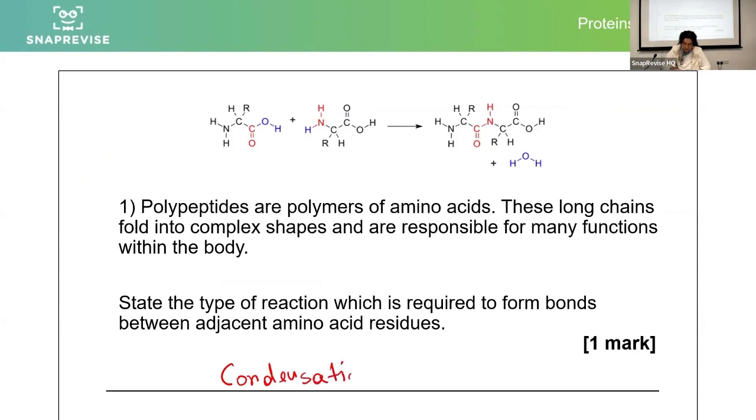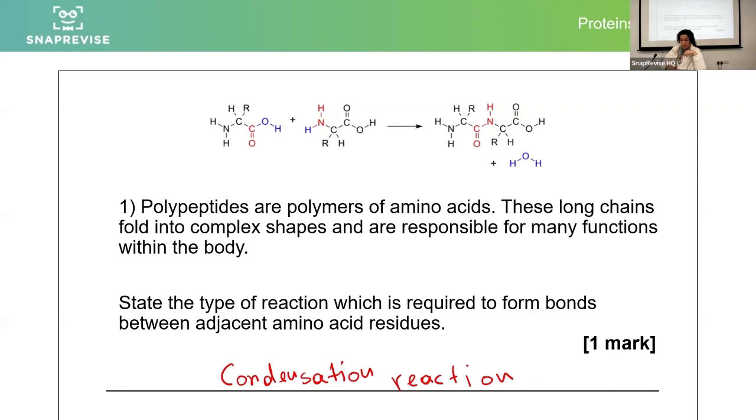I'm just going to mention one thing that doesn't pertain only to proteins. The resulting bond from a condensation reaction is going to be different depending on which type of biomolecule you're talking about. If it's a carbohydrate, it's going to be a glycosidic bond. If it's a nucleic acid, it's going to be a phosphodiester bond.